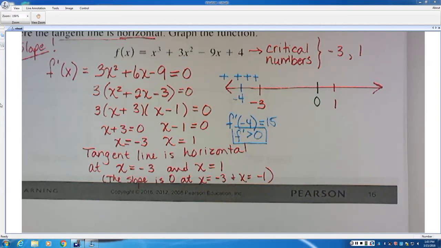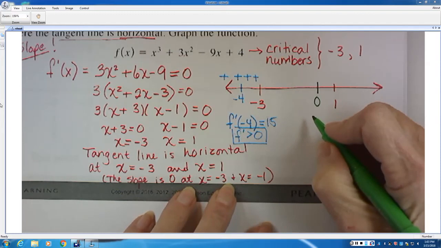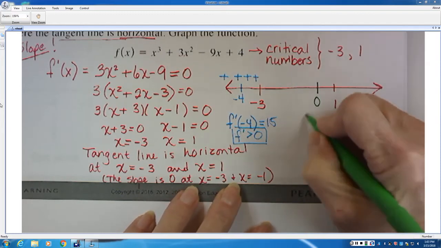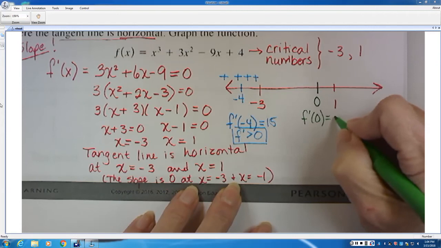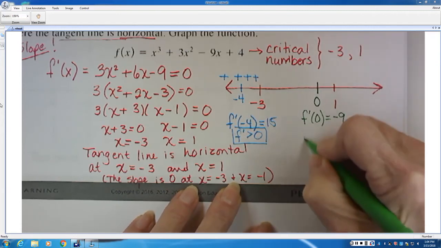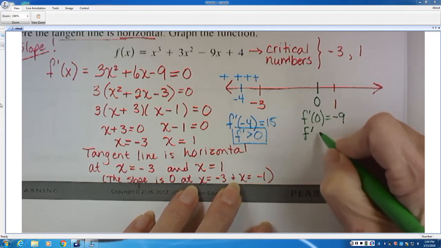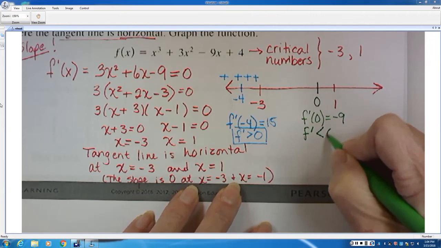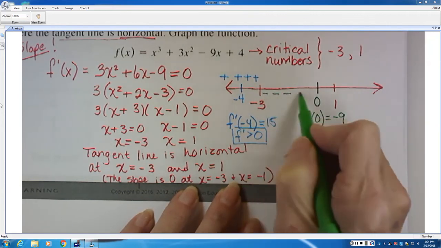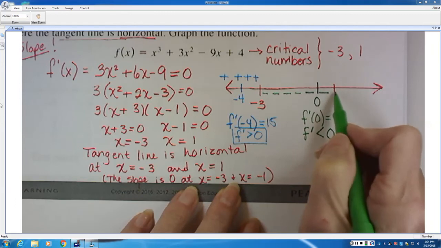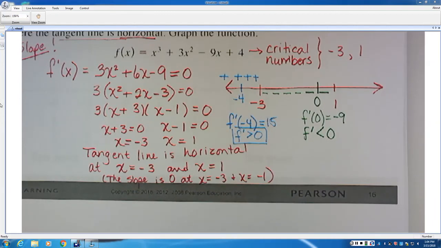Negative 9, okay. Which means f prime is less than 0, which means your values for your function are all decreasing because the slope is negative.